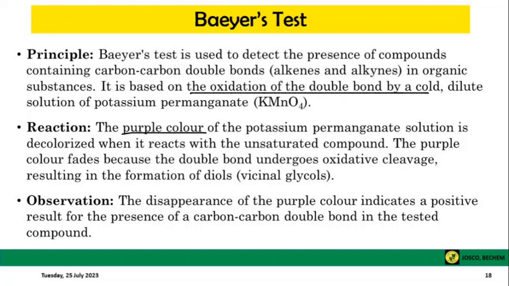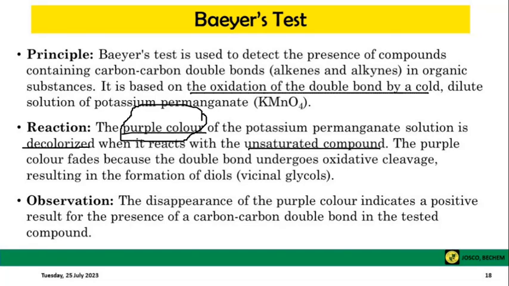When we add the potassium permanganate to the sample, if there is a presence of an unsaturated compound, that is a double bond, we expect that this purple color would be decolorized, meaning that the purple color would vanish.